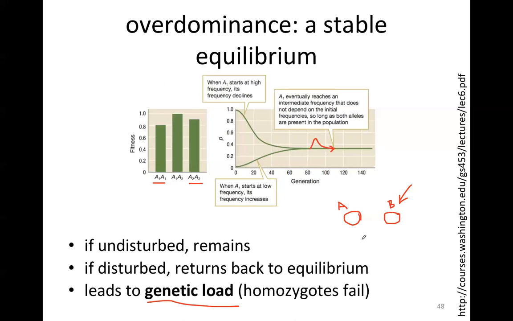If there is directional selection, if an allele arises by mutation that has higher fitness compared to all these three, or it doesn't even have to be higher fitness, if we have a third allele which has the same fitness as the heterozygote but in the homozygous state, this will be selected.